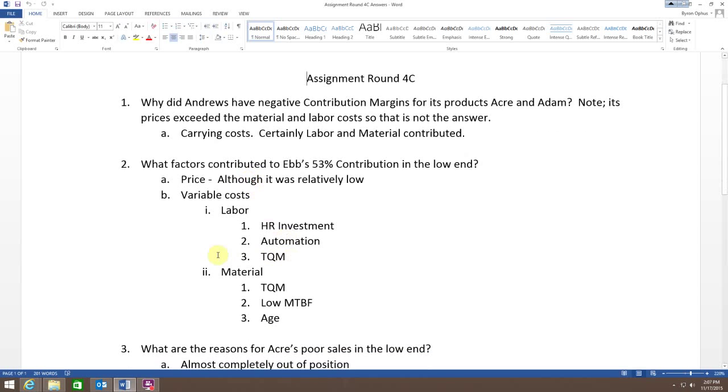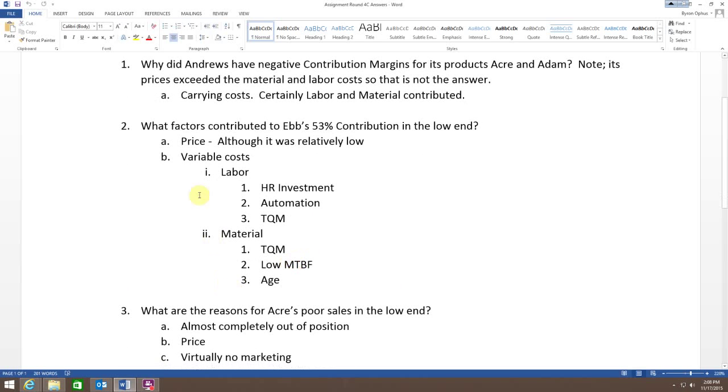So 2, what factors contributed to Ebb's 53% contribution margin in the low end? There's only 2 things, right? Prices and variable costs are the only things that can go into that. Their price was relatively low. It wasn't the lowest, but it was low compared to the others. Then I broke down the variable costs.